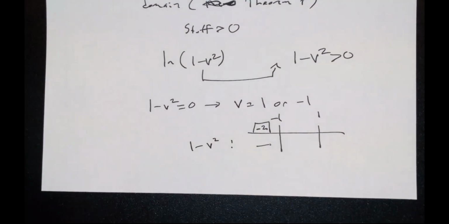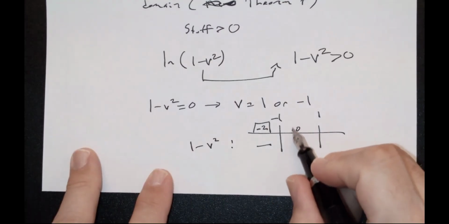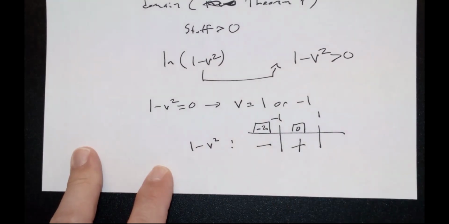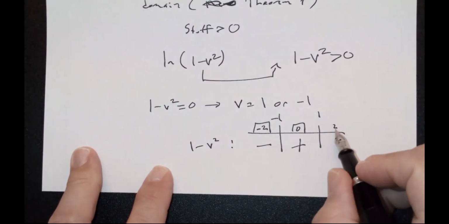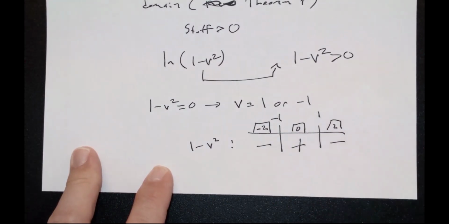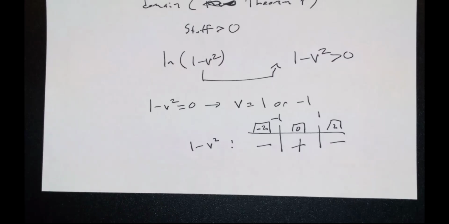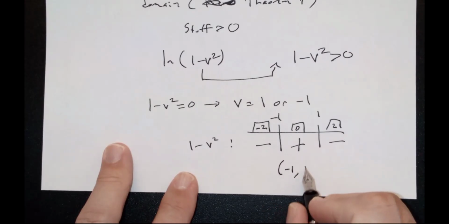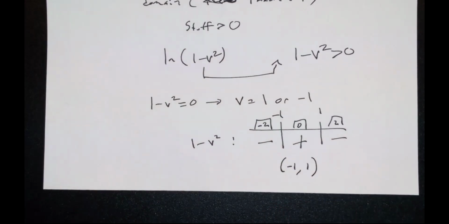It is -3, but all I care about is it's negative. Pick a number between -1 and 1. Do it again. A number bigger than 1. I want to know where it's positive. That's between -1 and 1, not including the edges, because the edges are where it's equal to 0.